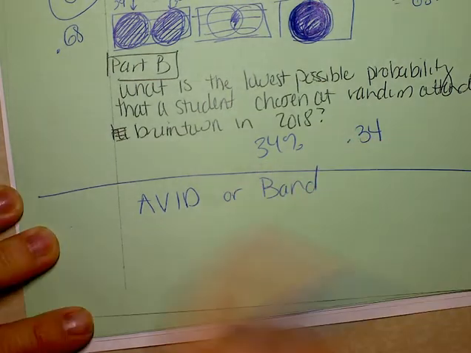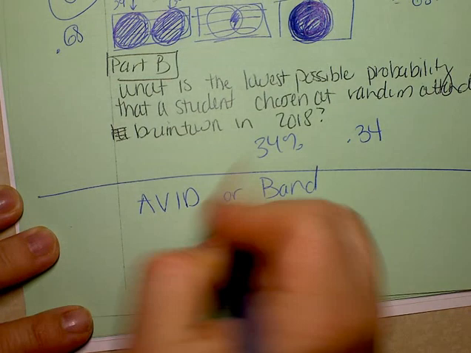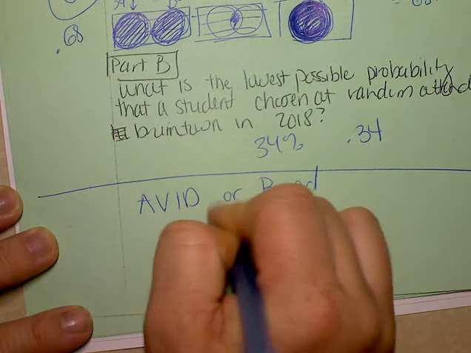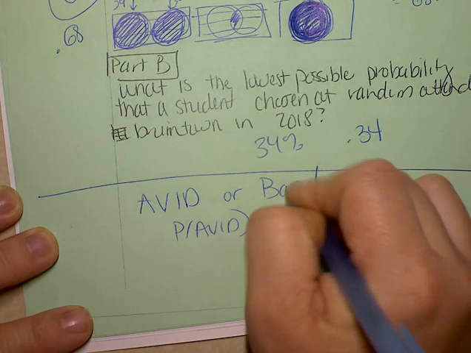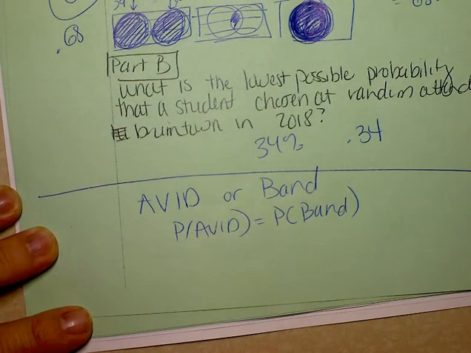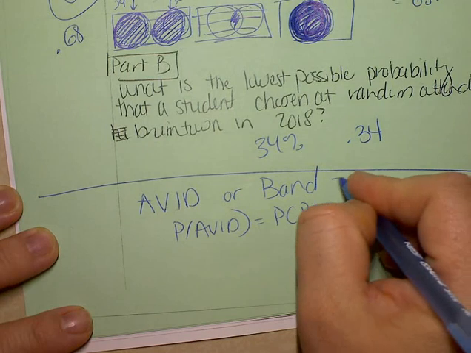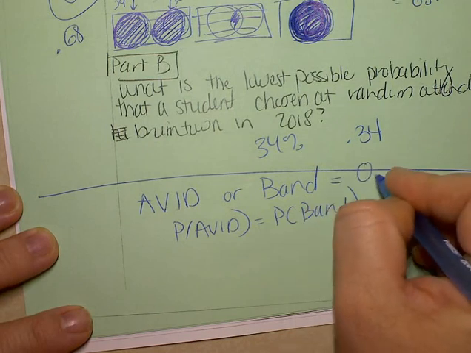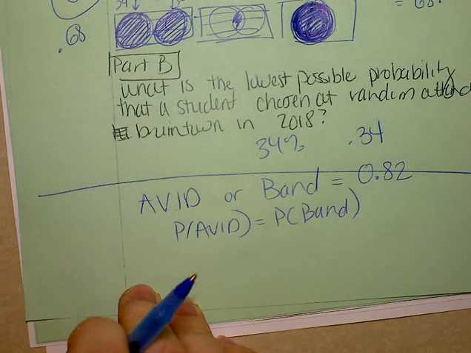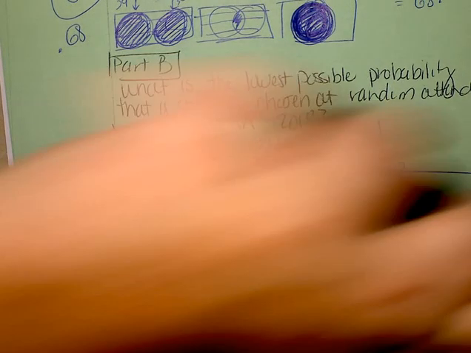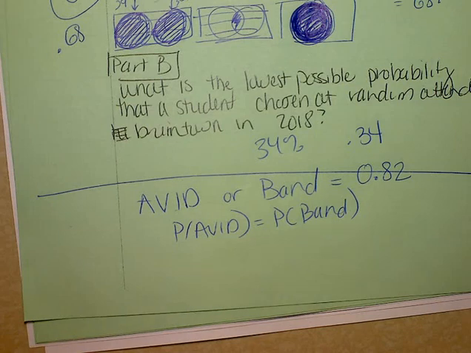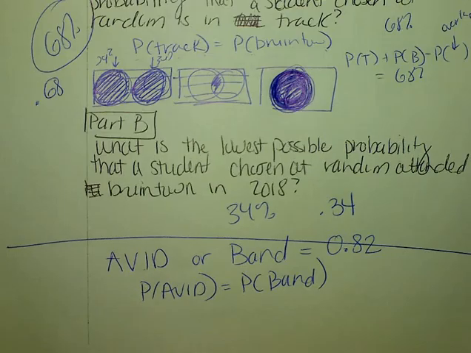I'm telling you that Avid or band, and we know that the probability of being in Avid is equal to the probability of being in band, and Avid or band is equal to 0.82. There's a large percentage of our students on this campus that are either in Avid or in band. So keeping this in mind, what is the smallest probability that a student chosen at random would be in Avid? Work with your partner.